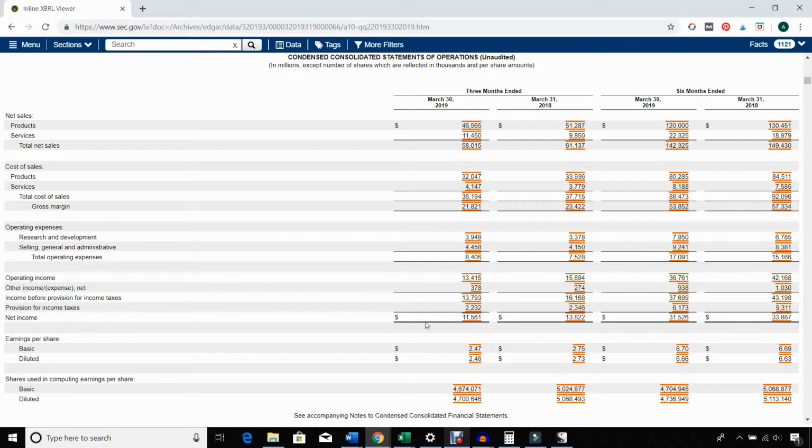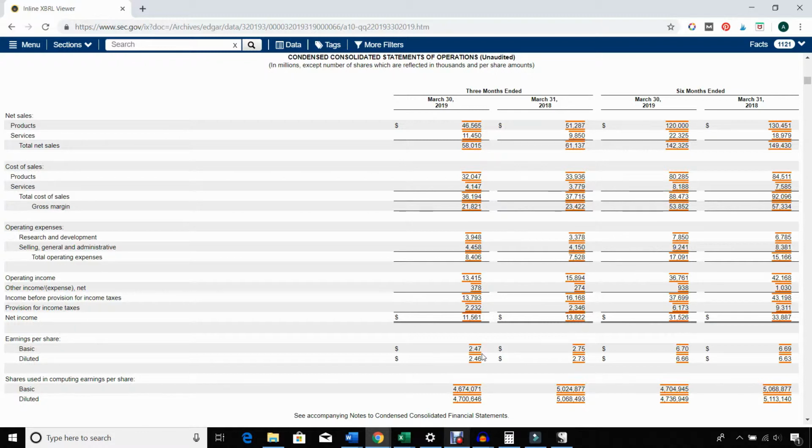But another way that we can express income is on a per share basis, so we're dividing the income by the amount of shares outstanding. 11.6 billion divided by the diluted share count gives us $2.46.